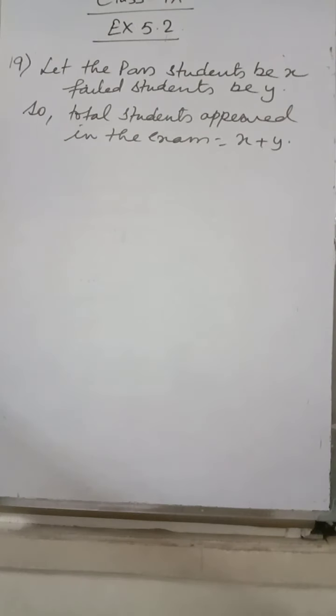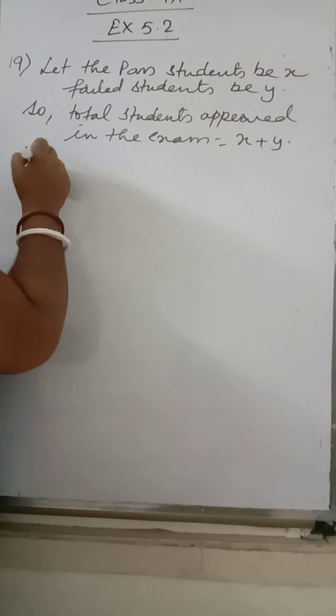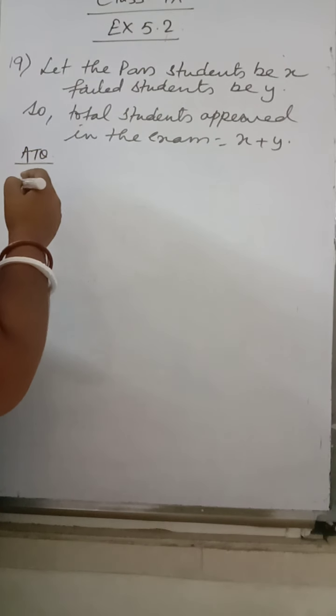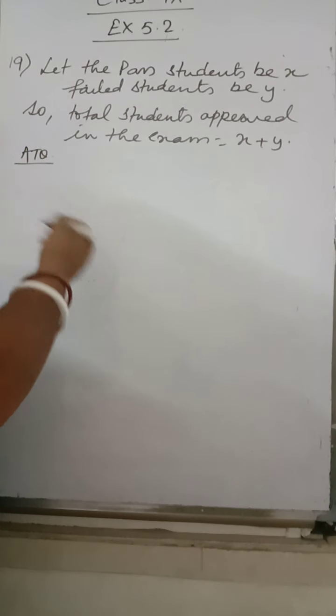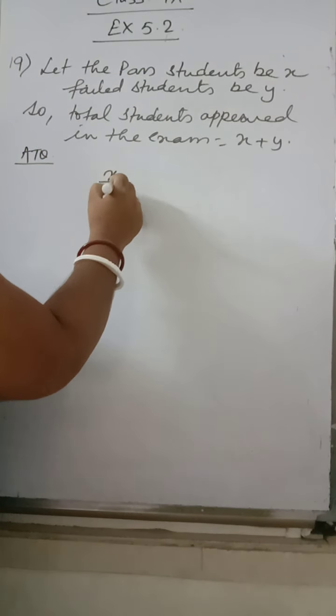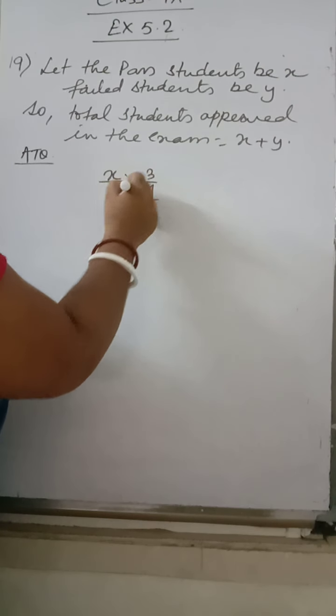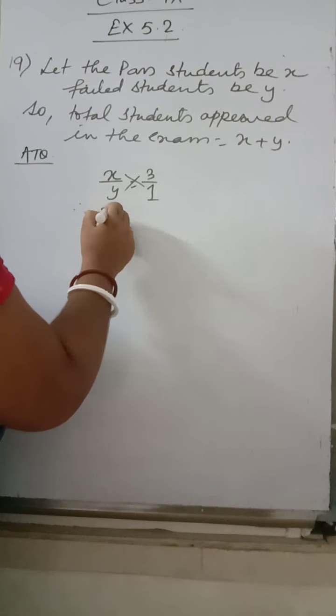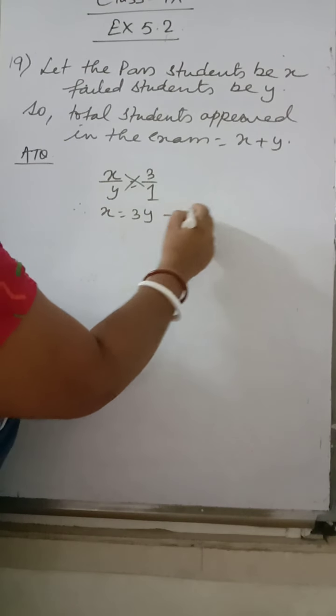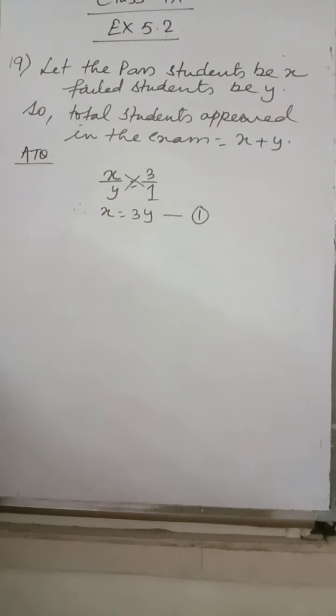Till here there should not be any doubt. If passed students are x, failed students are y, so total students appeared in the exam is x plus y. Now according to the question, the ratio of the passed and failed students, x by y, is equal to 3 by 1. Or what do we get? x is equal to 3y. It is equation number 1 we have got.